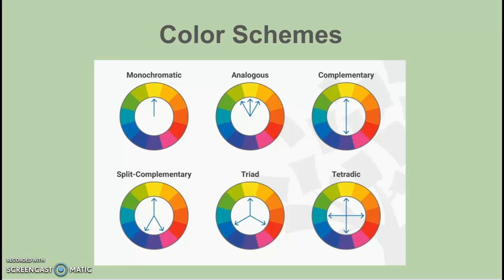Split complementary, which you can see in the image, and then there's triad and tetradic. All of these color schemes are different formulas, and they're here to help you understand colors, understand which colors go together and which colors you can use to help you make a nice uniform look in visual design.